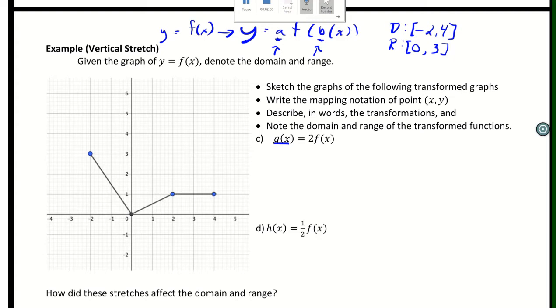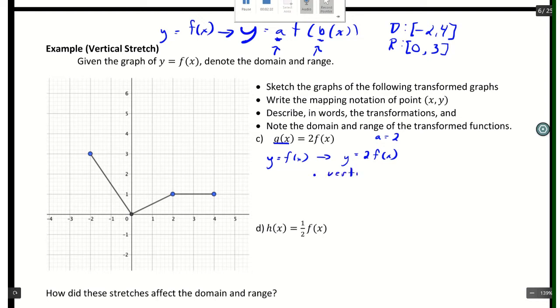So really, y = f(x). Now we're transforming it into y = 2f(x). In other words here, a is equal to 2, because a is the number in front of the f. So in words, this means vertically stretch.